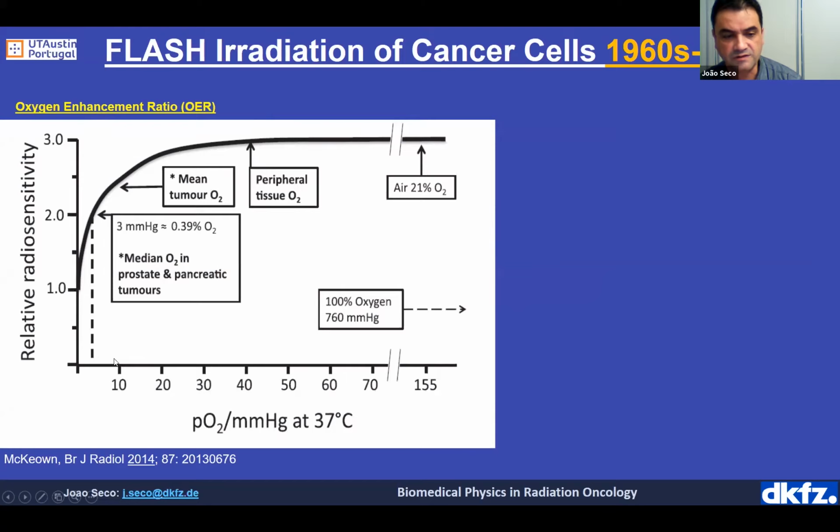And as you increase the oxygen concentration on the x-axis, you increase the cell kill effectively. So you can go from 1 to 3 times more cell kill as you increase the oxygen concentration in your tumor. So oxygen has a very huge sensitization effect on cancer cells, increasing the cell kill by a factor of 3. This is a very important reason why, for example, the concept of oxygen depletion appeared.